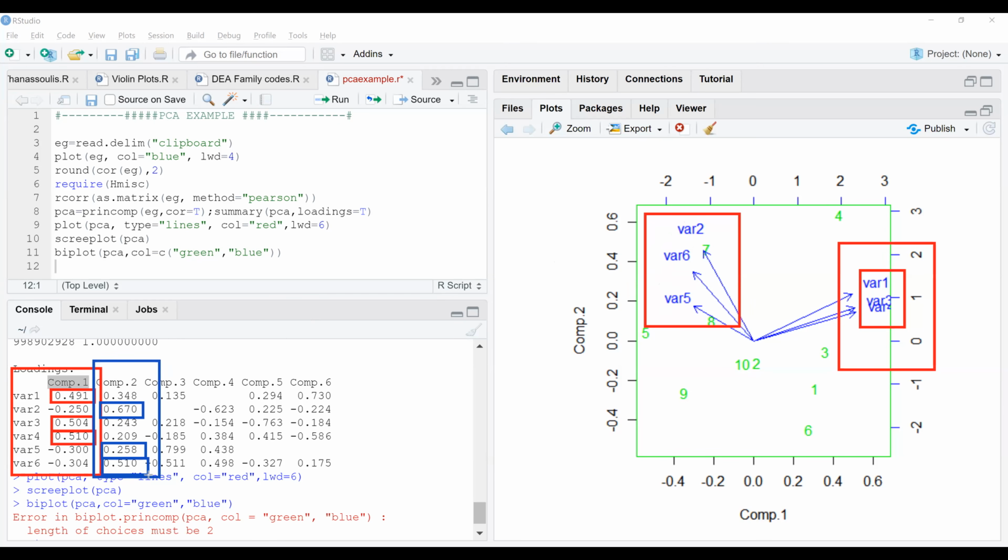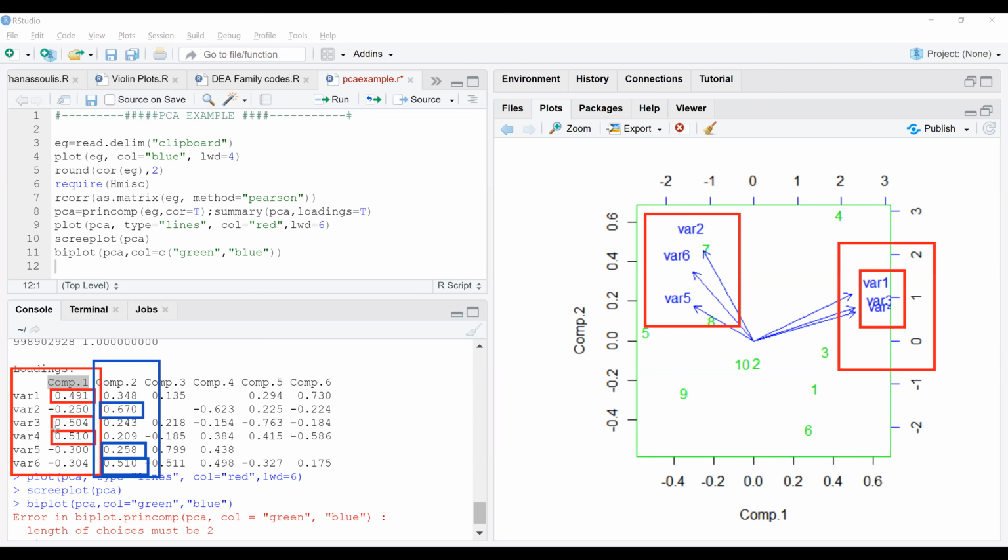Now, let me tell you why these variables 2, 5, 6 will definitely form component 2. Because when you take the first one, which is 0.67, when you compare it with component 1 variables, it's even negative 0.25. So it means that the winner will be the 0.67 in absolute terms.